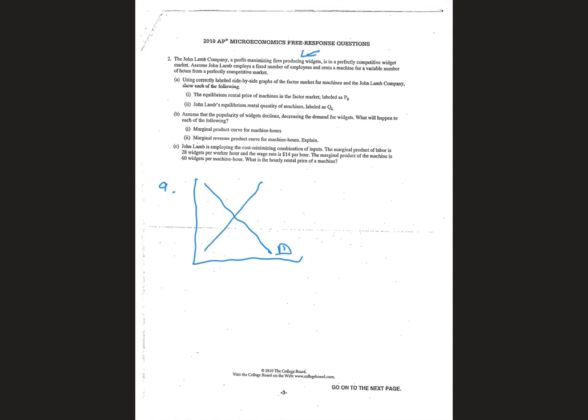The demand for the factor from all of the firms that are like John Lamb's who are renting the same machine, the supply of the various machines. We can see that there is a market quantity, and there is also a market rent, or the price of the factor resource. So this is like the rental price.